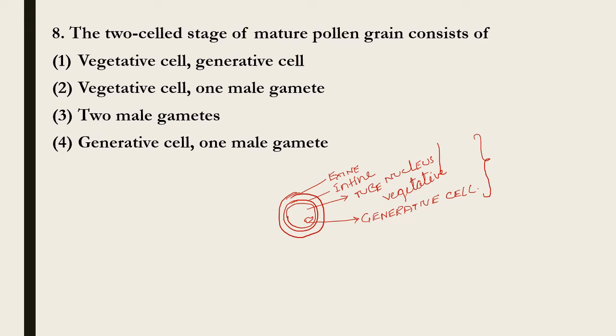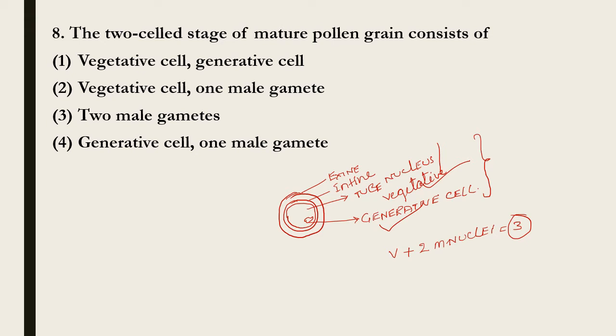In those two cells, one is the vegetative cell and the other is the generative cell. During germination, the generative nucleus undergoes mitotic division to form two male nuclei. In such a condition, the pollen grain consists of one vegetative cell and two male nuclei, which is the 3 cell stage.